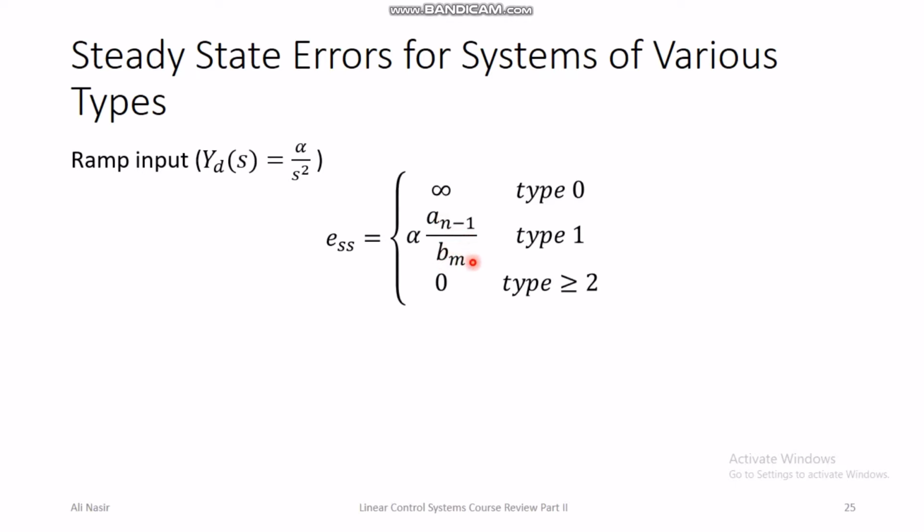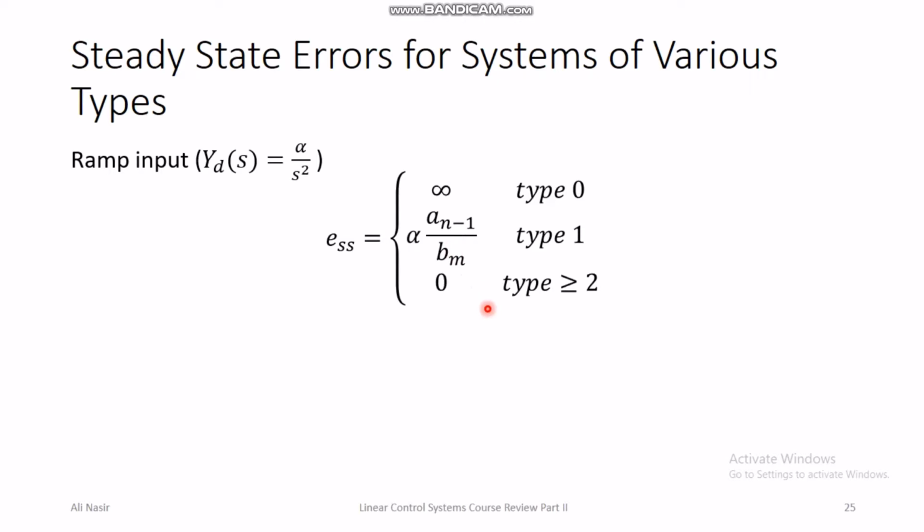So a_{n-1} is the coefficient of s in the denominator of the open loop transfer function, and b_m is the constant coefficient of the numerator in the open loop transfer function.